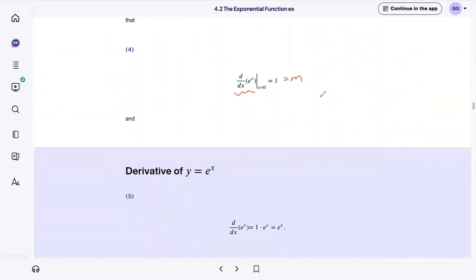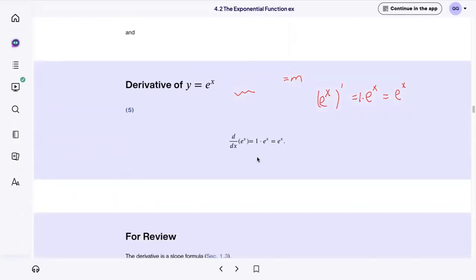Which means when we differentiate e raised to x, we just get itself, because it's 1 times e to the x. So it's just e to the x, just itself. So there's something special about this e. That's here, right? When we differentiate e to the x, we just get e to the x.